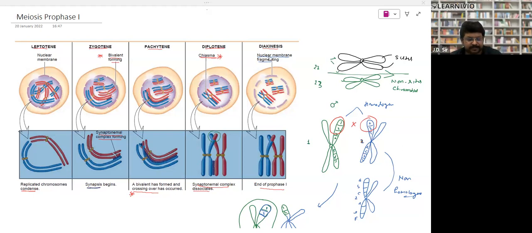Next is diakinesis. In diakinesis, the nuclear envelope starts dissociating and fragmentation takes place.